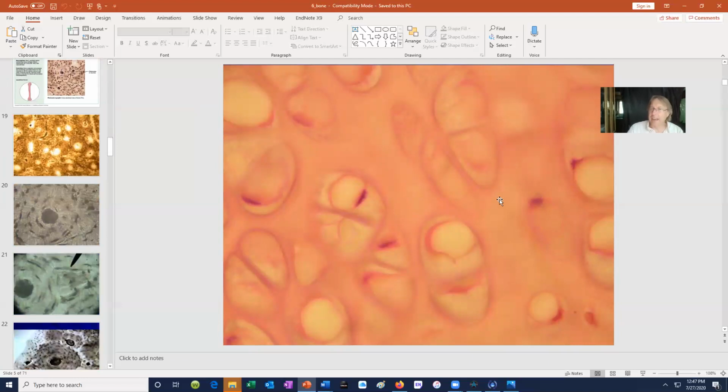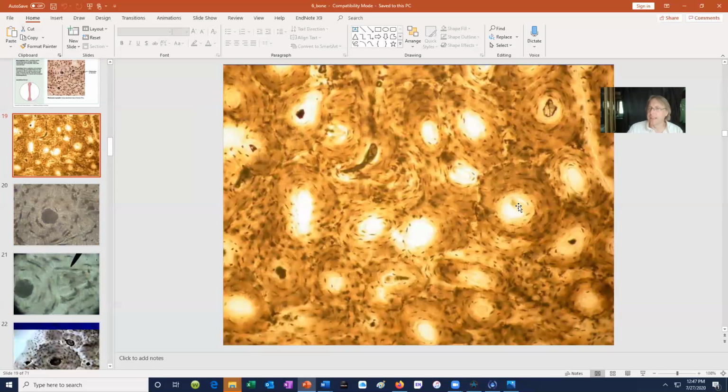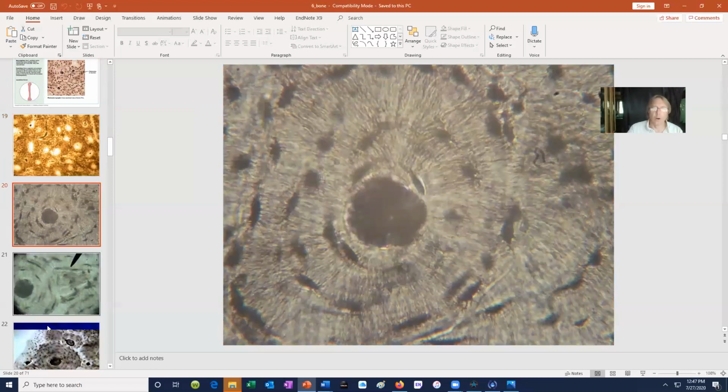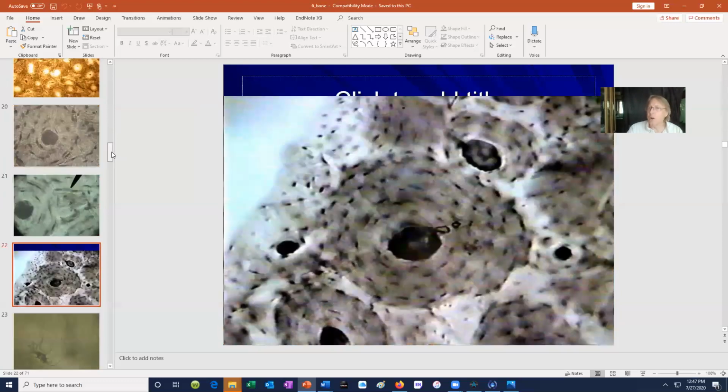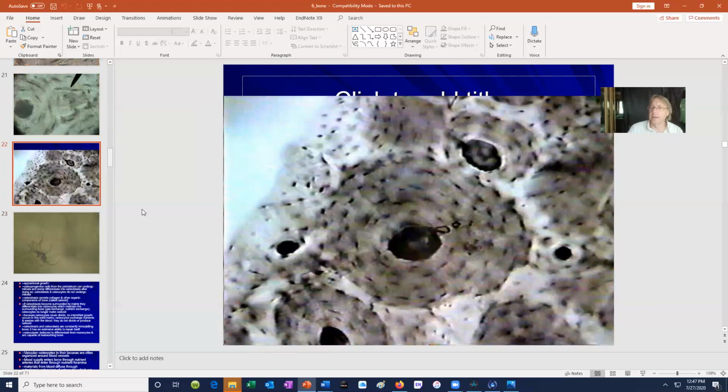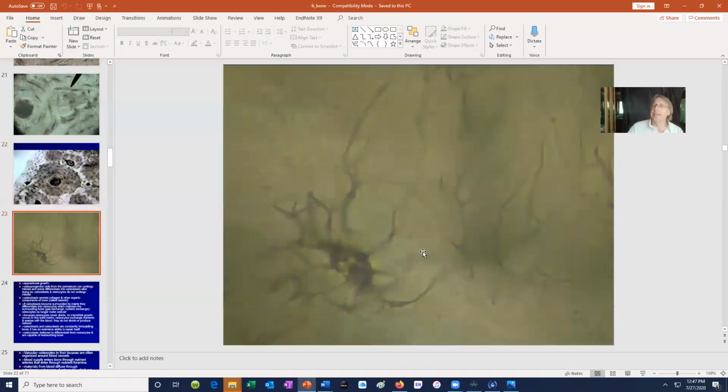Cartilage is avascular. Notice there are no blood vessels here, whereas bone is very vascular. These openings here, and here, these are for blood vessels. So they are similar in that they are both alive, but then they are different. Cartilage is avascular, bone is vascular. They are both solid connective tissues.